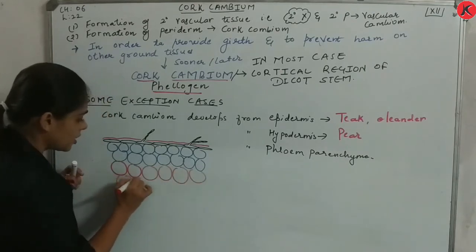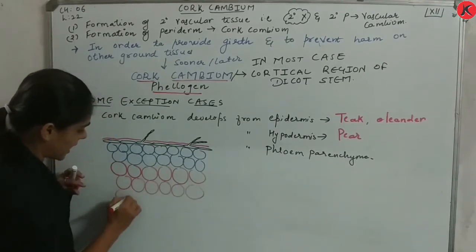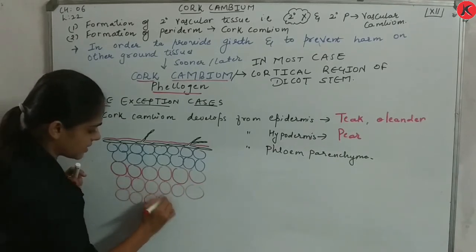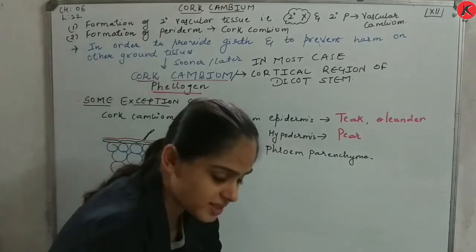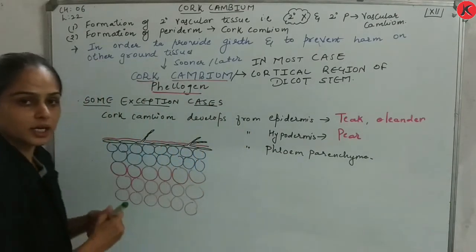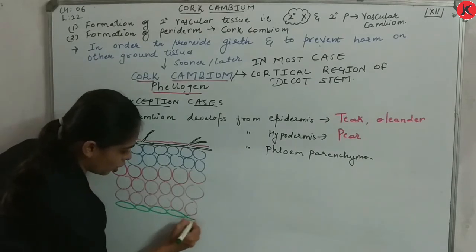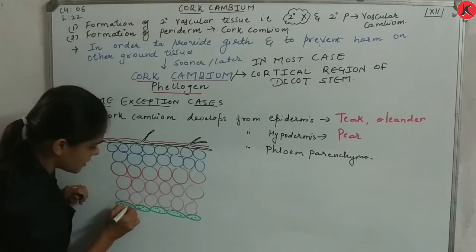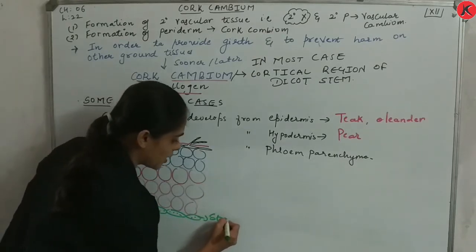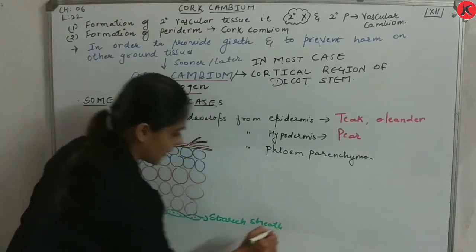This is your general cortex. Are you people getting my point? Yes. And the innermost layer of cortex, this one is your endodermis, which is rich in starch, and so it is called as your starch sheath. ये आपको पता है, right?